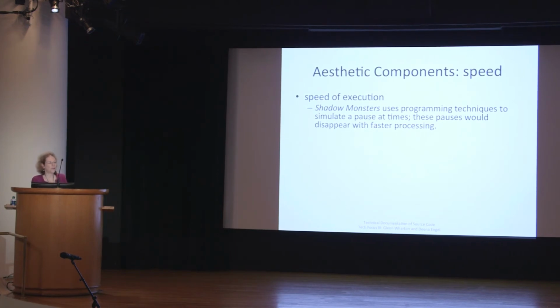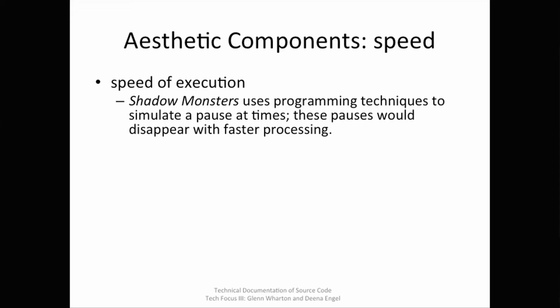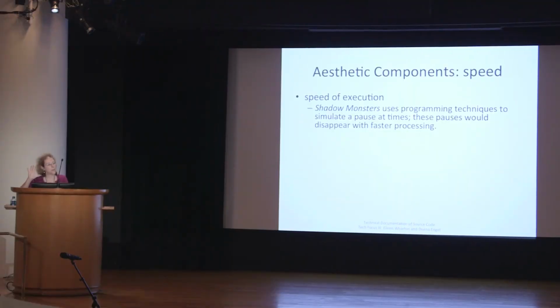Speed of execution is very important. One of the things we found in Shadow Monsters is that the artist used a very unconventional way to program delays into the software where he wanted the motion to slow down.